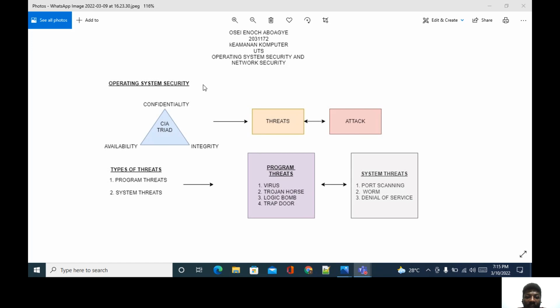For instance, maybe in a company, some of the resources of the company should not be available to all the workers, or some of the resources should not be available to people from different departments. So that is it. Confidentiality shows that the system or the resources are available only to those who have the permission to access it.